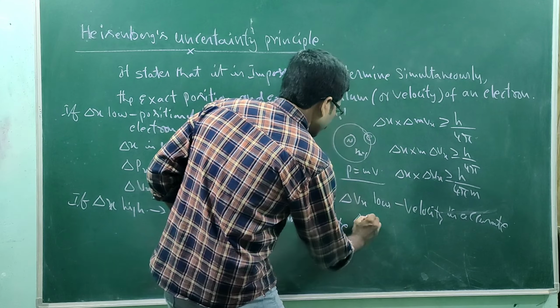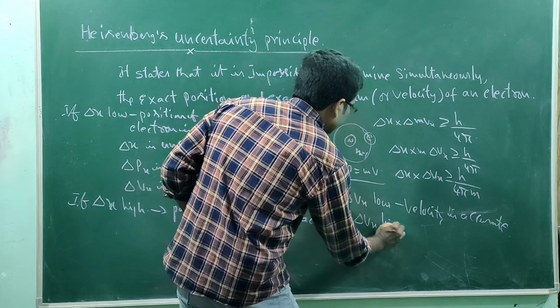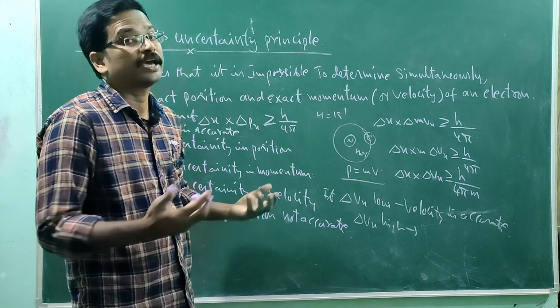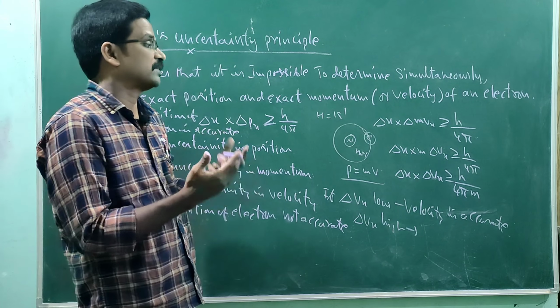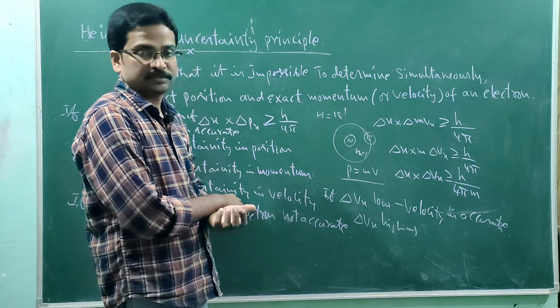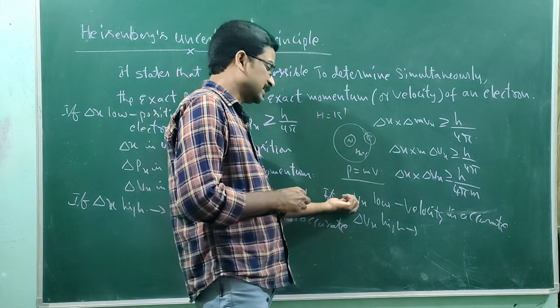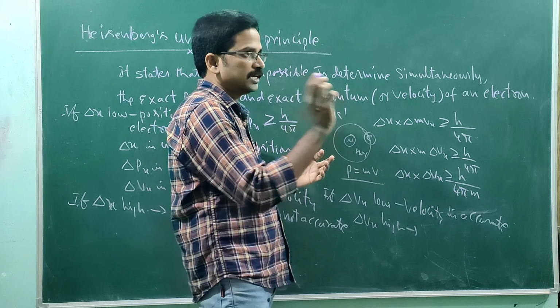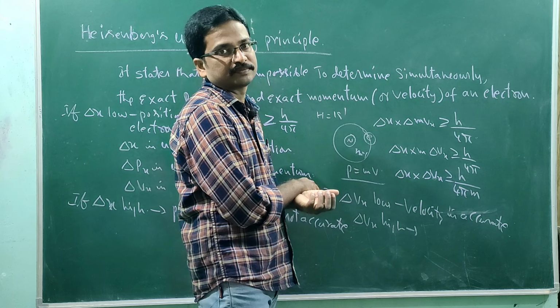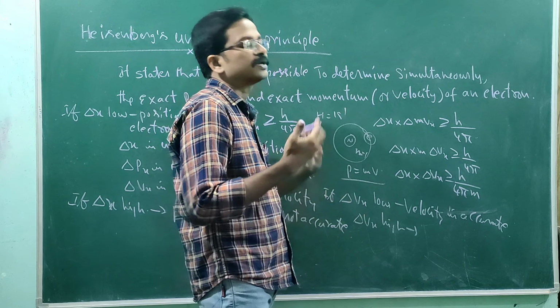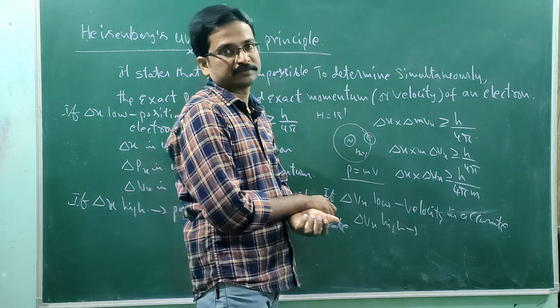If del Vx is a high value, velocity is not accurate. We cannot say what the velocity is. If uncertainty is low, we can determine velocity. If uncertainty is high, you cannot predict it.